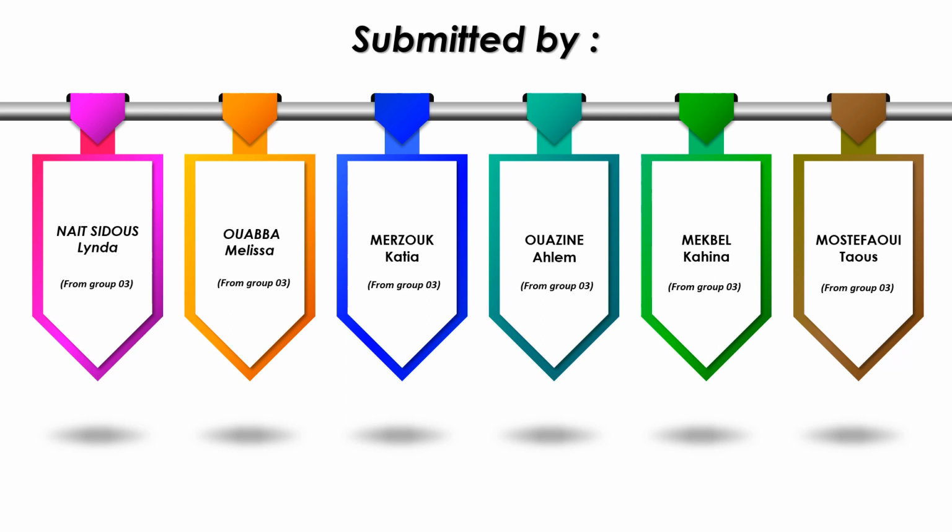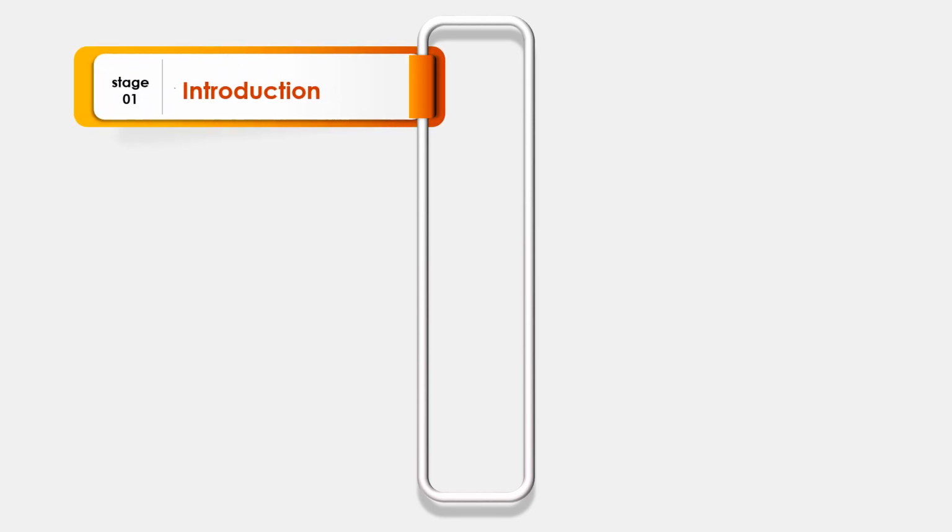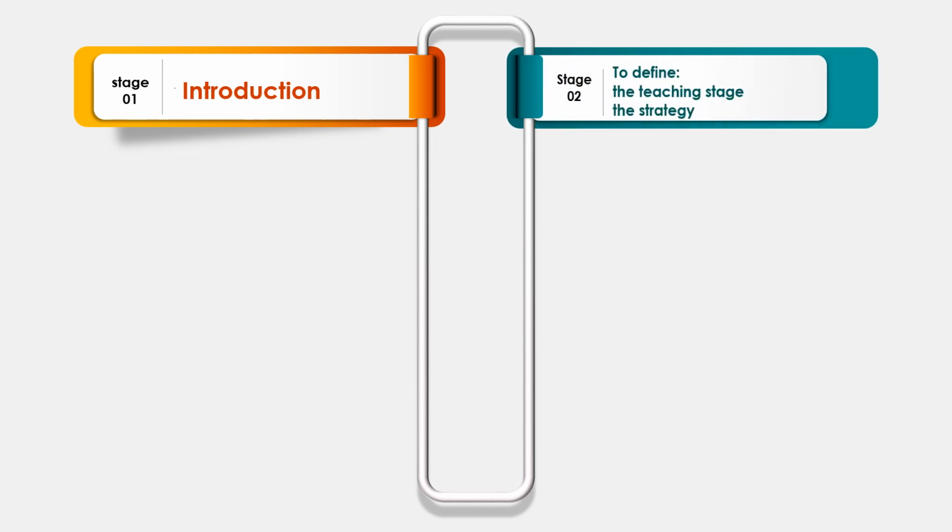So in this video we are going to talk about educational technologies. As a first point we have the introduction. The second stage is defining the teaching stage and the strategy.